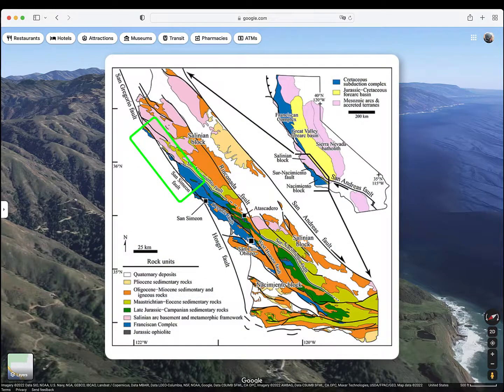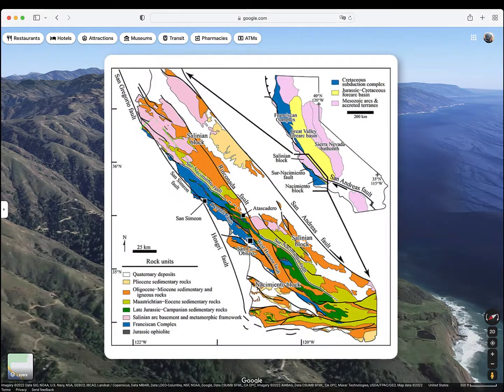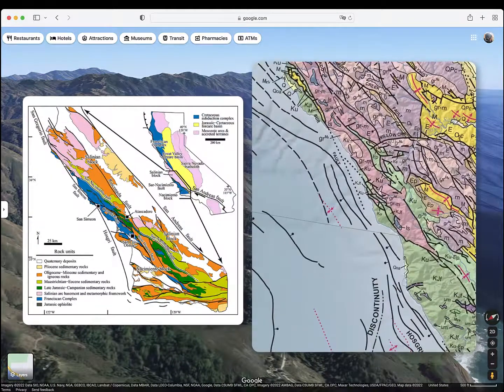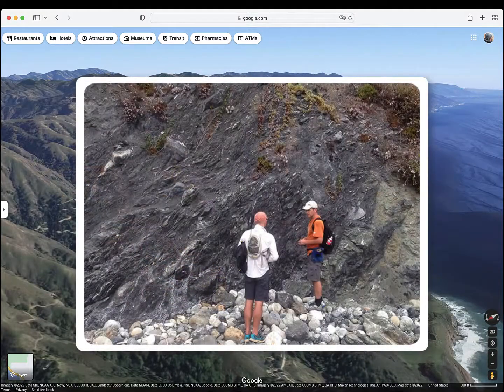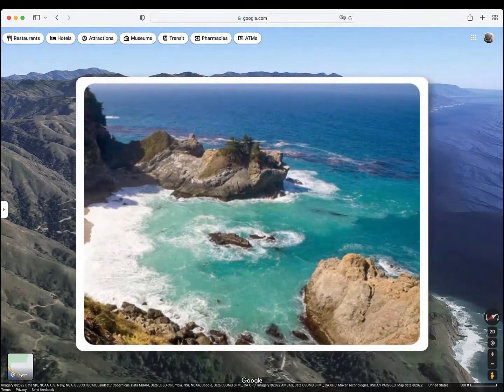The coastal hills and cliffs are dominantly underlain by highly faulted and deformed Jurassic to Cretaceous units, including metasedimentary and metabasaltic rocks of the Franciscan complex, along with the Mesozoic granitic rocks of the compositionally diverse Salinian block.